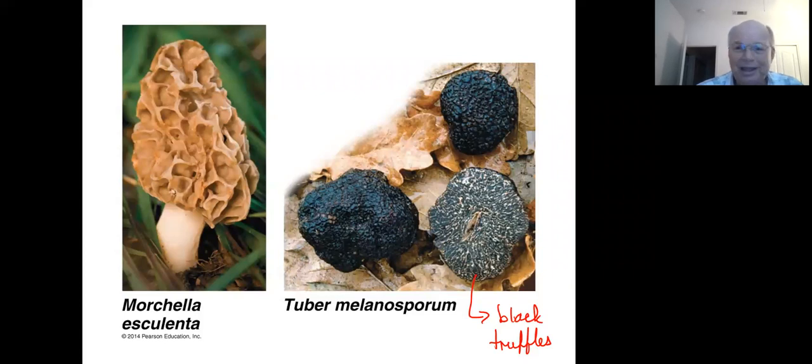The reason why is because they have a very intense flavor, and you only need a small amount in order to flavor a dish. And because they are so difficult to get, because they're underground, they only grow in very specific regions, and up until very recently could not even be grown commercially, because no one could figure out how to synthetically or artificially seed the roots of oak trees.